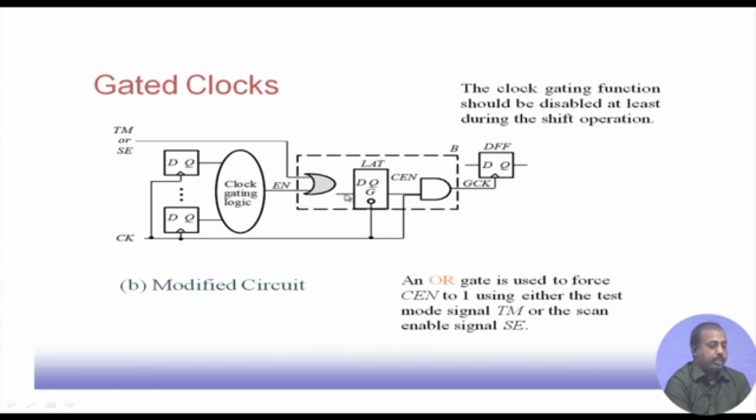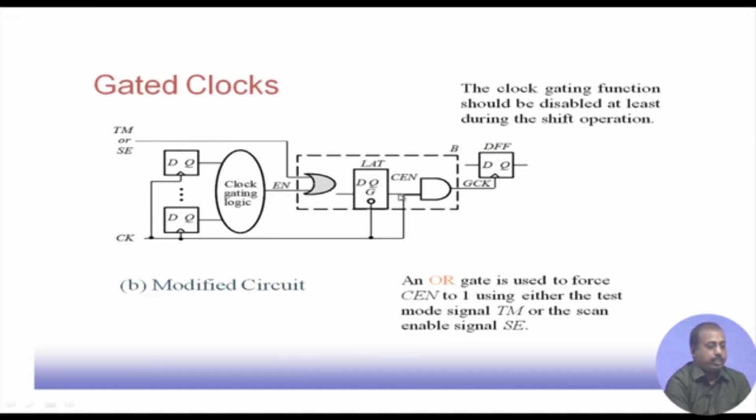In these cases, this OR gate output is connected to this D input. So, this latch value will be coming here, and then this OR gate is used to force this clock enable value to 1. So, in test mode or in shift enable mode, this OR gate output will be 1.